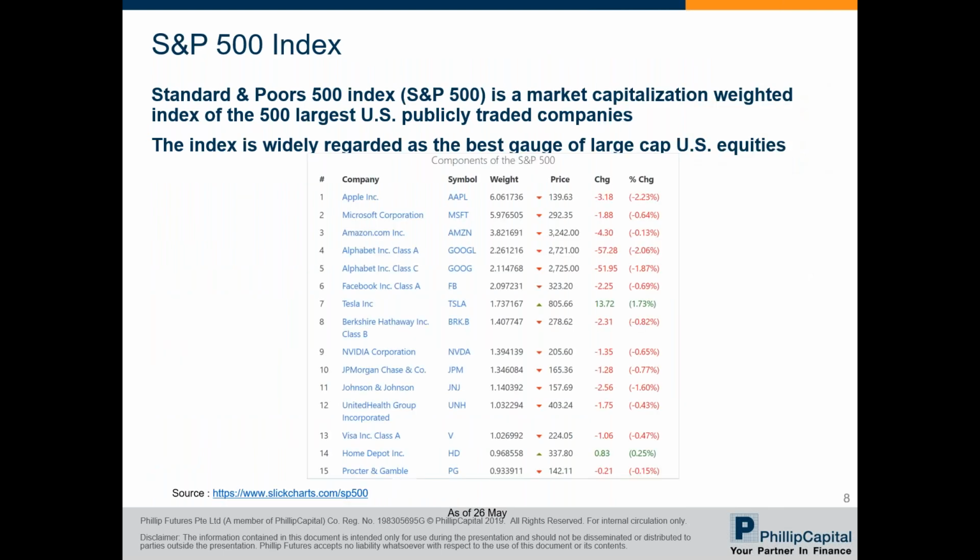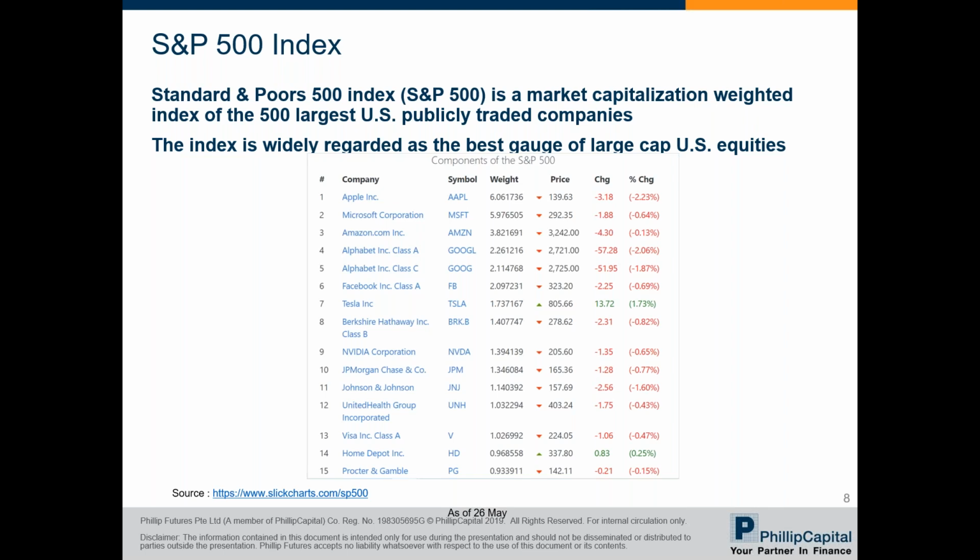Next, we'll move on to look into the S&P 500 index. Standard & Poor's 500 index, or the S&P 500 index in short, is the most heavily traded contract amongst all the equity indices. In fact, it's the top most liquid futures contract trading. Understandably so, as it tracks the S&P 500 index, which is a market capitalization weighted index of the 500 largest US publicly traded companies.